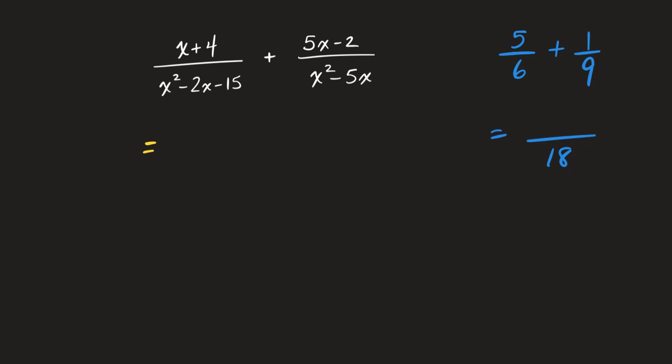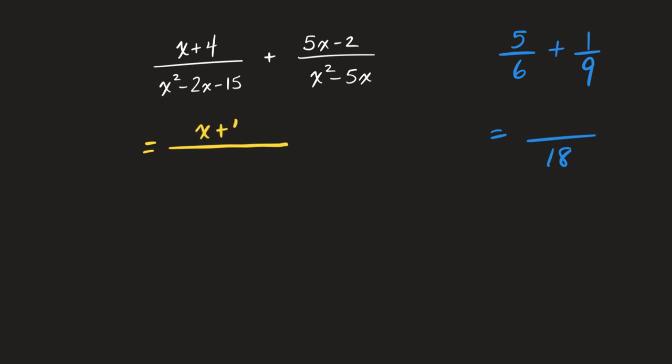Like if I said to you, what's the lowest common multiple between x squared minus 2x minus 15 and x squared minus 5x? You might be saying, what? But maybe if we take a look at that and say, rather than going through and considering the denominator in its entirety, what I can do is factor.